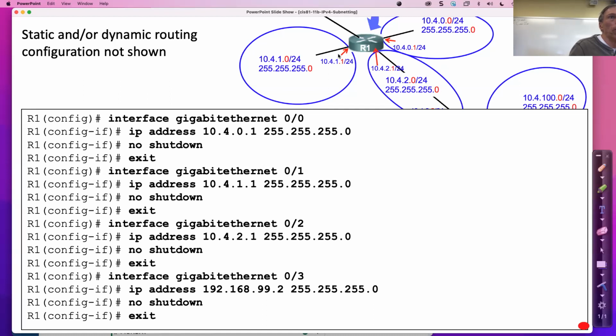Well, let me see, what am I showing? 10.4.0.1, 1.1, 2.1. Oh, this other address, this address down here, that's its outside address. But three addresses on different subnets.